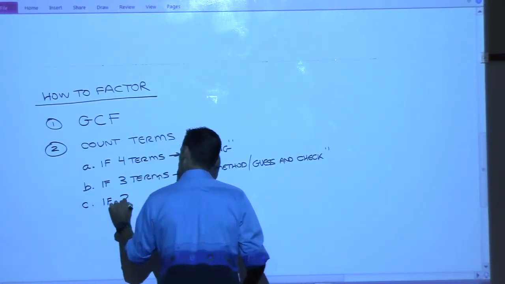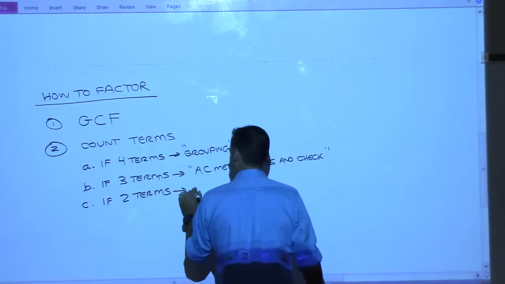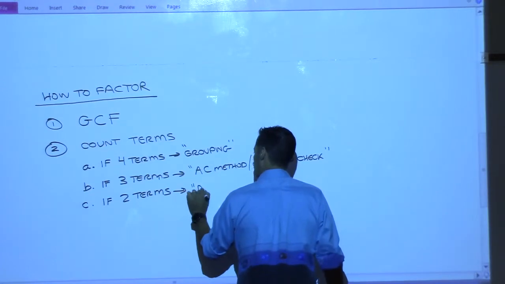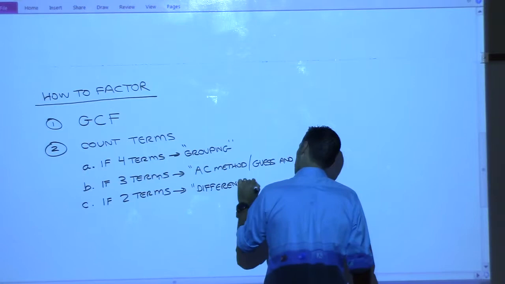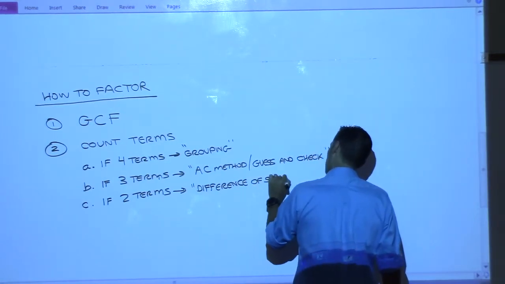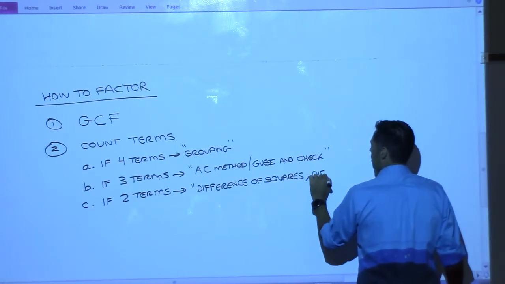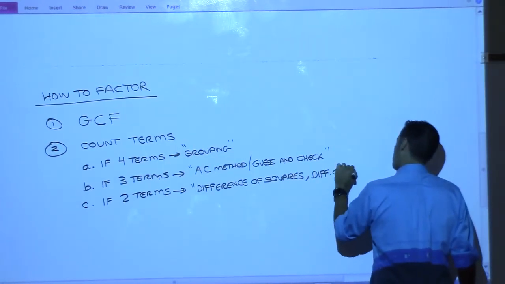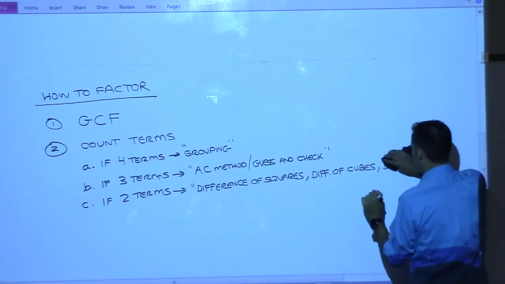If you have two terms, you're going to be looking for the difference of squares, difference of cubes, or the sum of cubes.